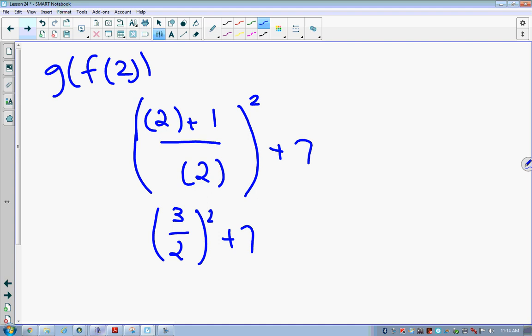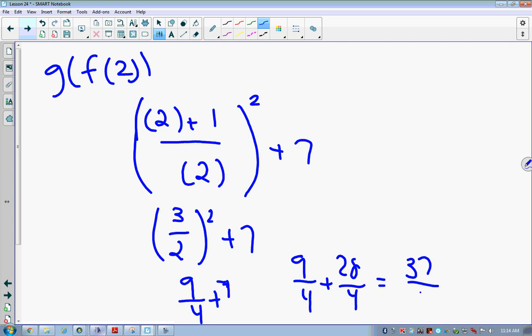Somebody besides David? 9 fourths. Plus 7, that's 9 fourths plus 28 fourths. Is that right? And you said that was 37 fourths? And that is B, I think, on your answer sheet.